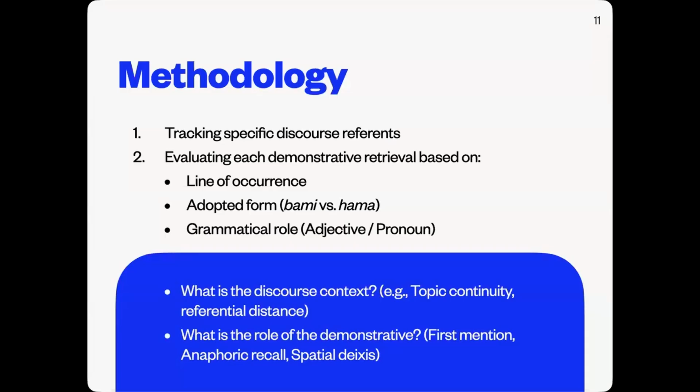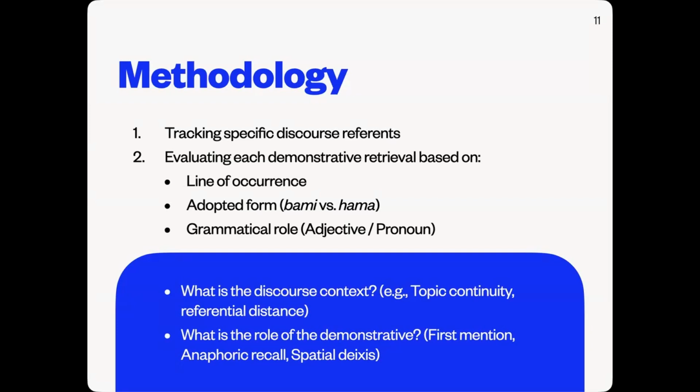As for the methodology, I went with a referent tracking approach. Basically, I started by tracking specific referents across the narratives, and every time a demonstrative was used to retrieve one of them, I evaluated a few parameters. Among them, for instance, line of occurrence, the adopted form, which basically means bami versus hama, and the specific grammatical role.